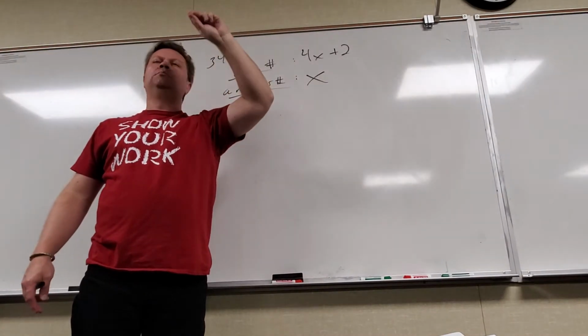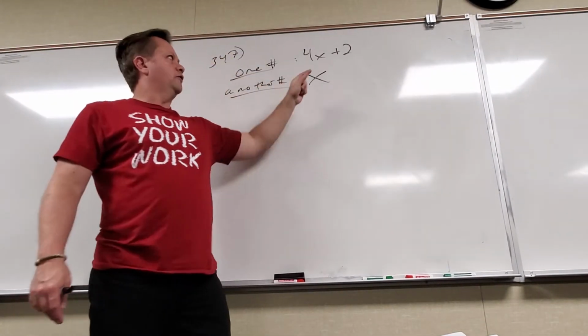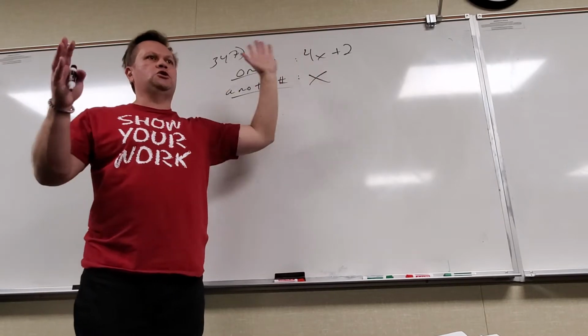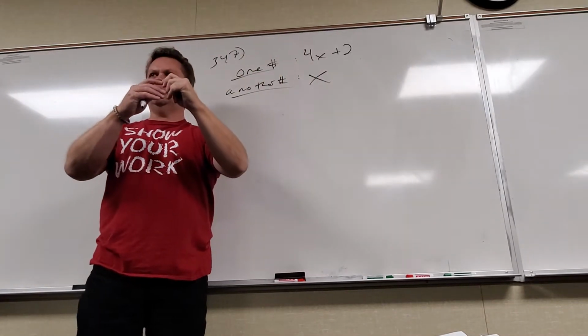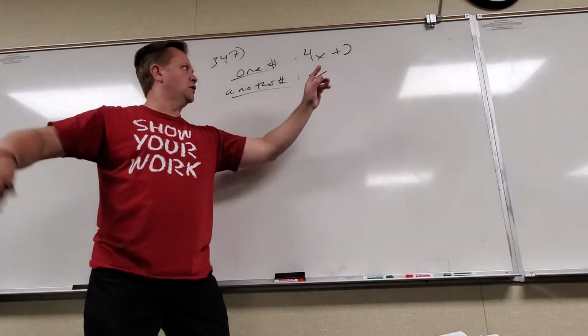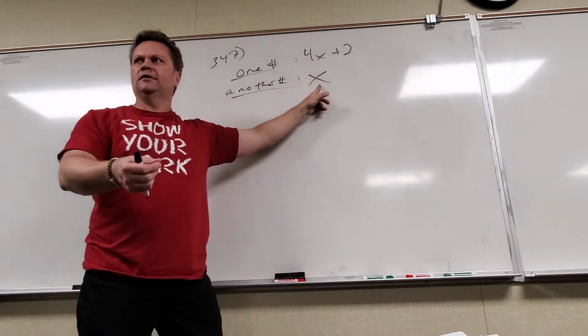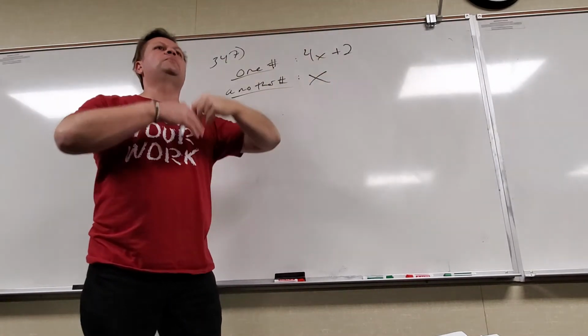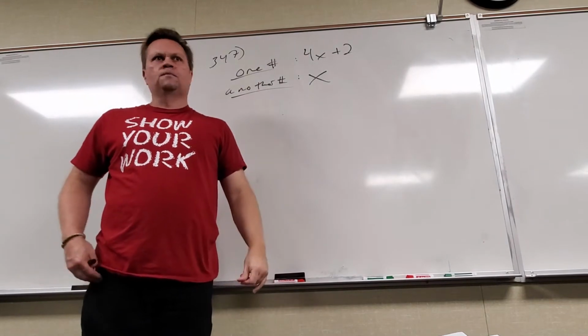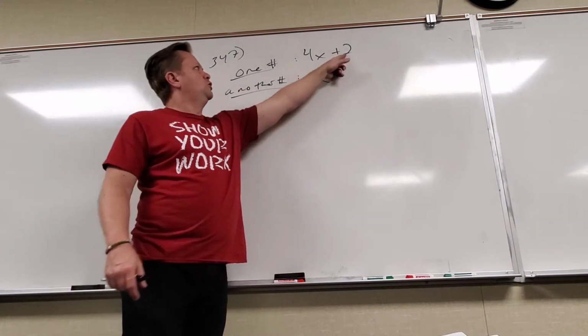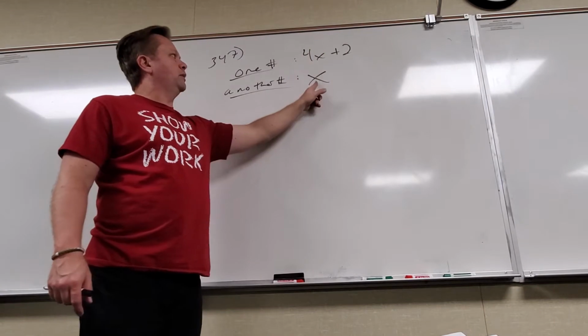Guys, it would be unbelievably rare for none of these to be just a letter. Basically, always for us, one of them is going to be just x, and the other ones are built off of that. So one number is 2 more than 4 times another. I have to know what that one is first.